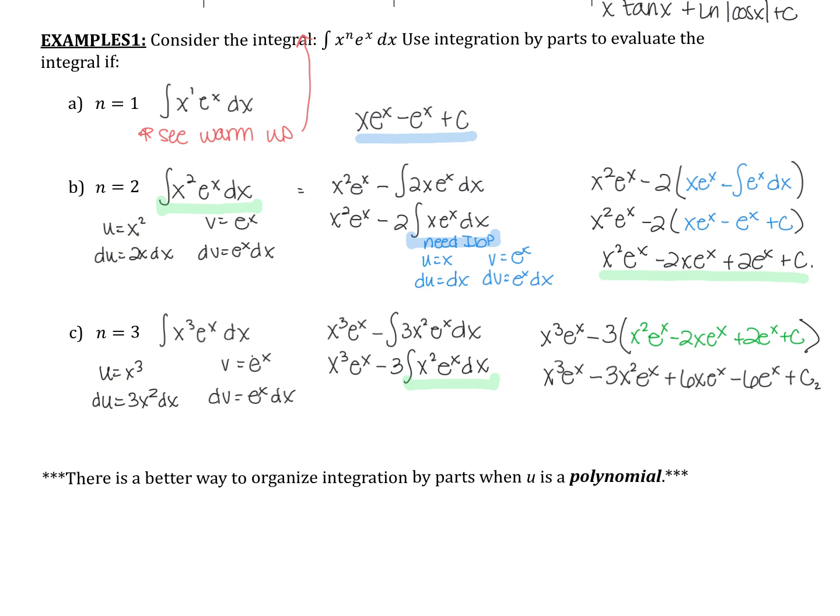So let's define a polynomial real quick. Remember, a polynomial is something that has integer, even more specific than that, positive whole number exponents.